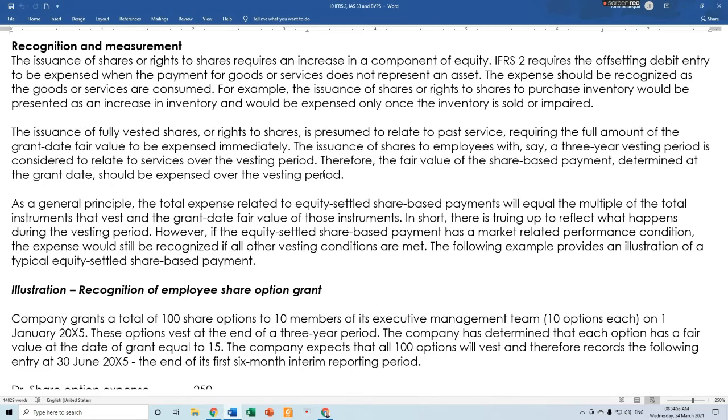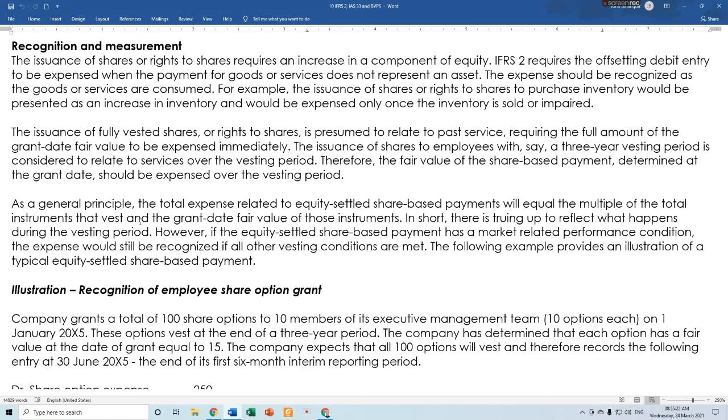Parang ganun yung mangyari. Okay, so as a general principle, the total expense related to equity-settled share-based payments will equal the multiple of the total instruments that vest and the grant date fair value of those instruments. Di ba kasi may basis yan. Parang example, number of employees, ilan shares yung ibibigay, tapos multiply mo kung ilang years nang nag-vest.